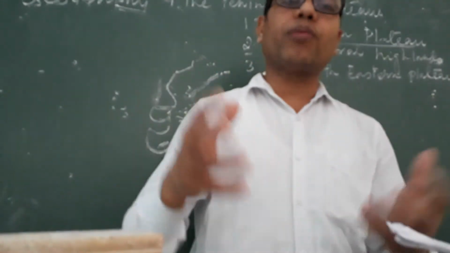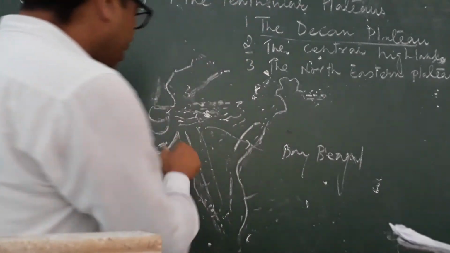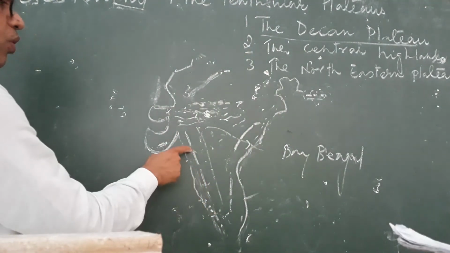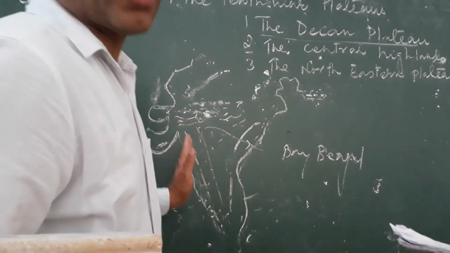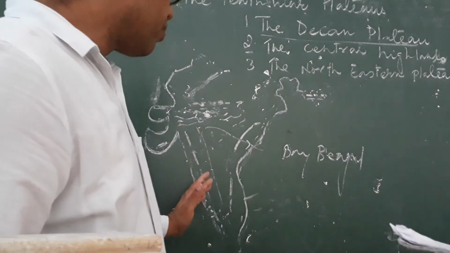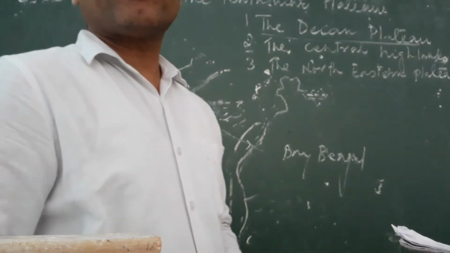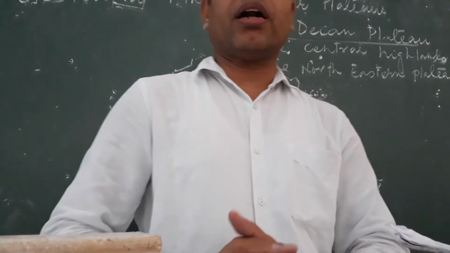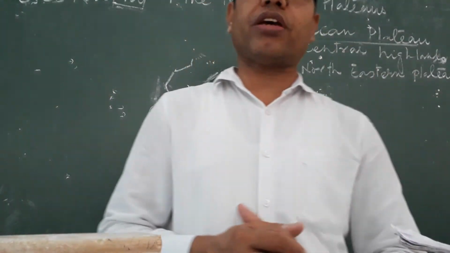You can see there are certain passages, which we call Thal Ghat, Bhor Ghat and Palghat Gap in Karnataka. So these are the mountain passages.